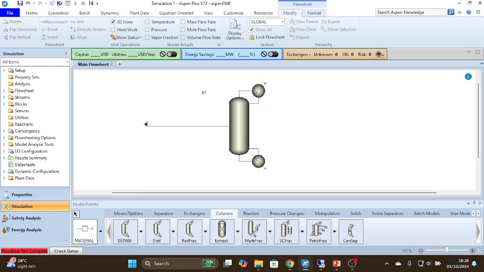So we have one feed, then we have distillate, we have bottom, and here is one side product.